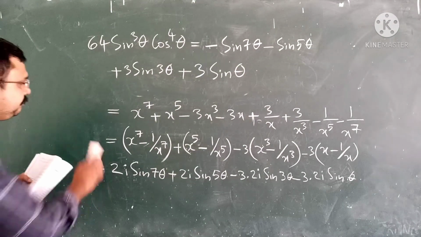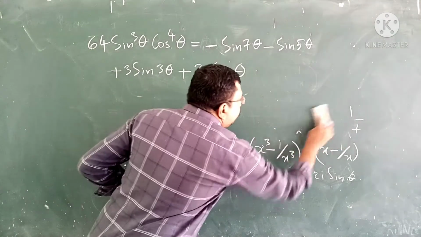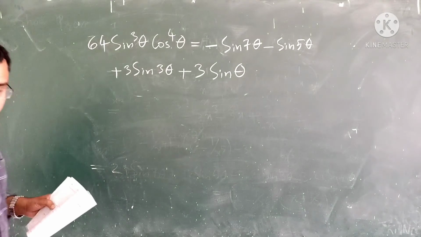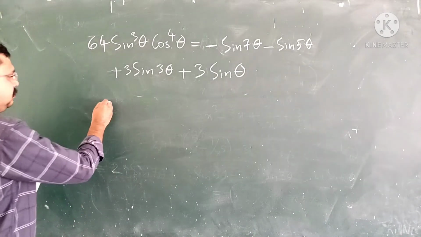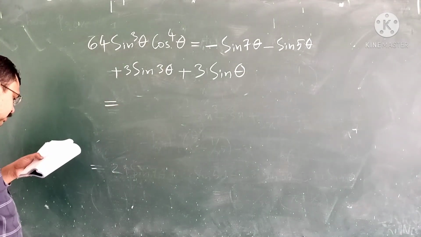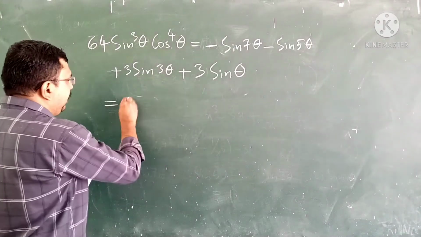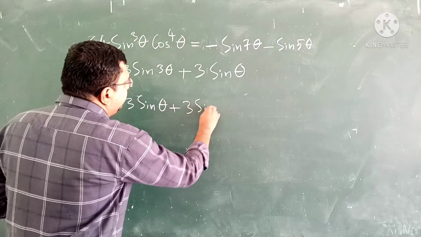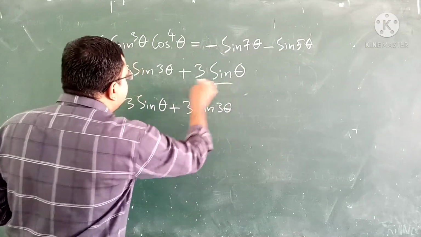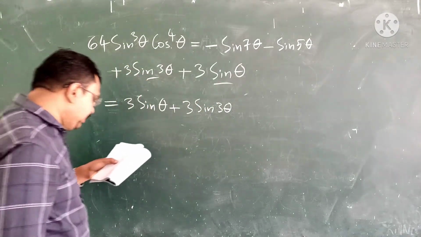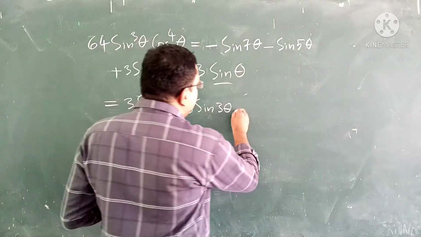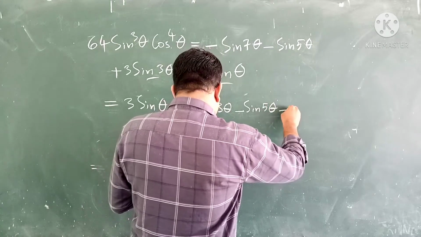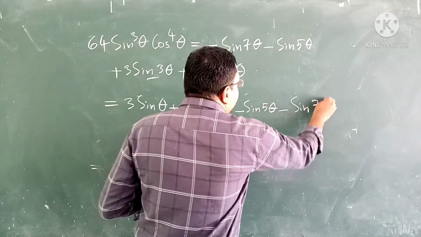This can be arranged. This is equal to 3 sin theta plus 3 sin 3 theta, first, second, and next one is minus sin 5 theta minus sin 7 theta.